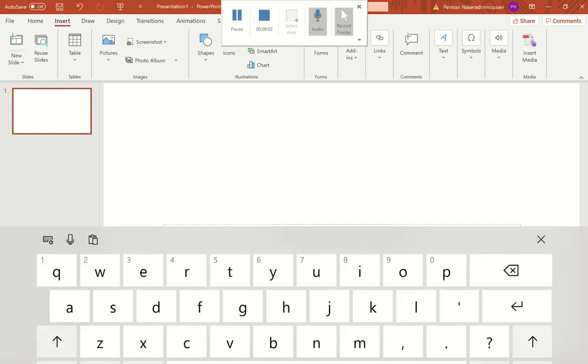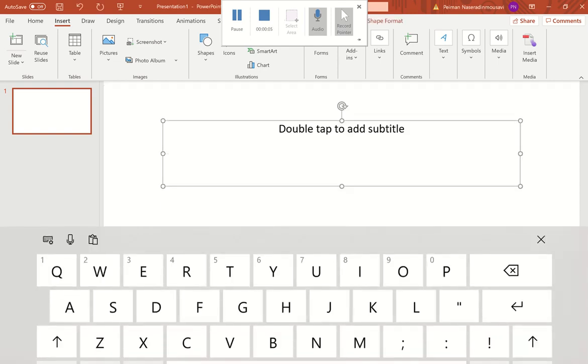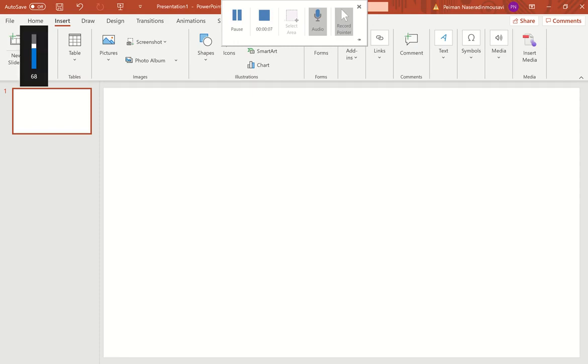Okay guys, so we are continuing the previous class with the example that we had.